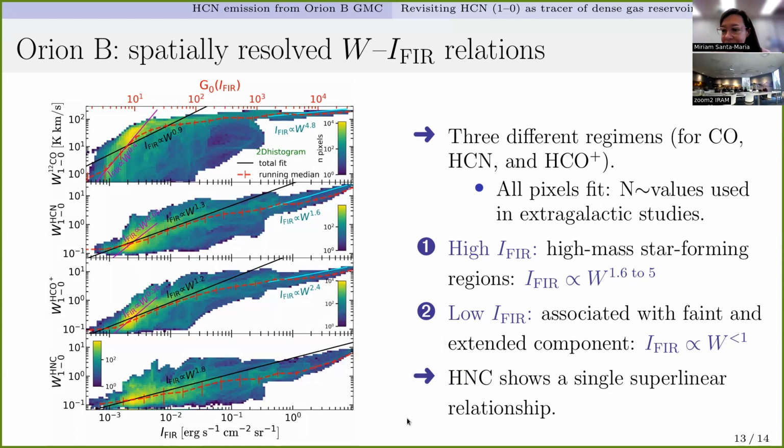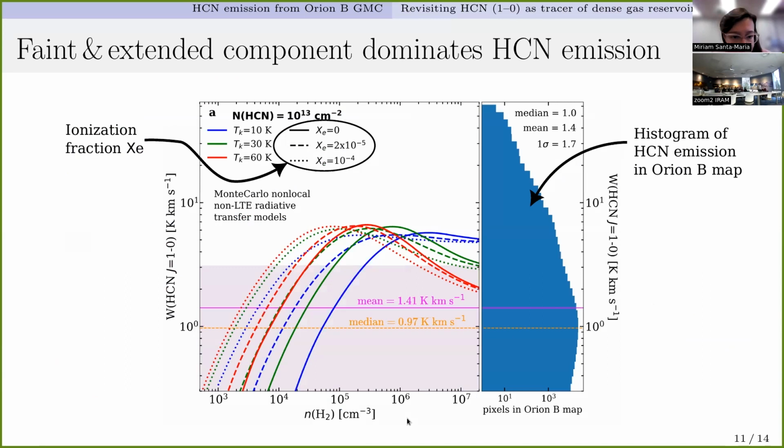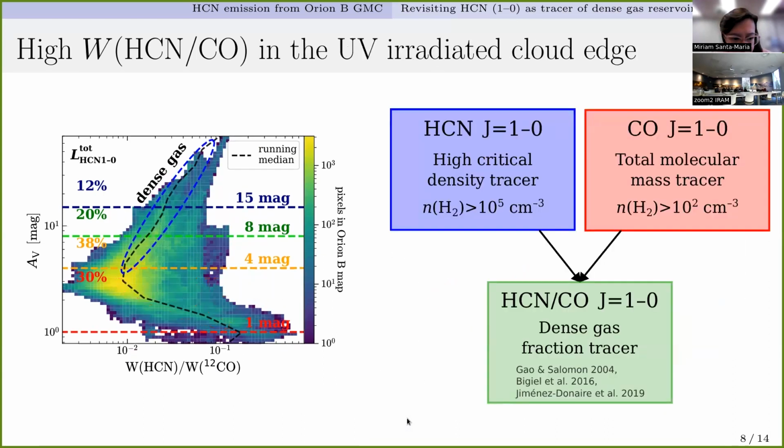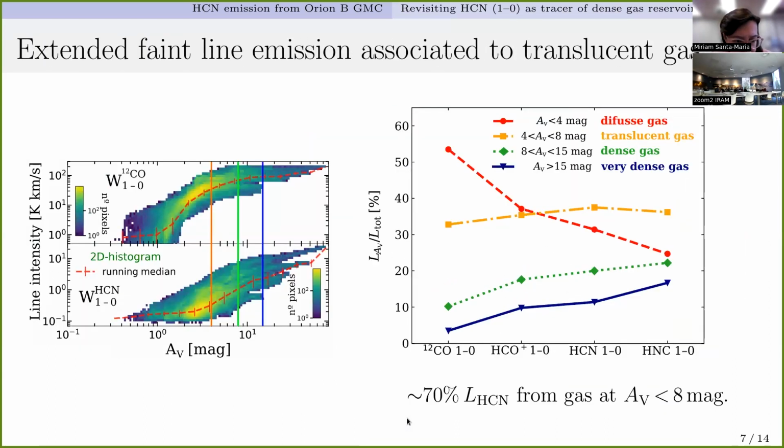For one quick question, yes? Yeah. So can you go back to the relation of the extinction and the integrated intensity of HCN? I saw that you have detected HCN at an extinction of just a few percent, just 0.43, and so is this a real detection?